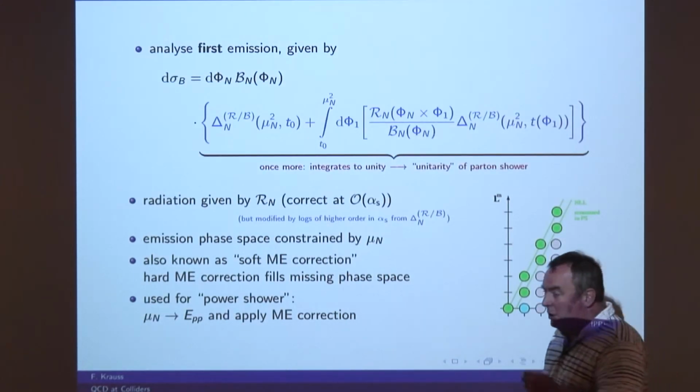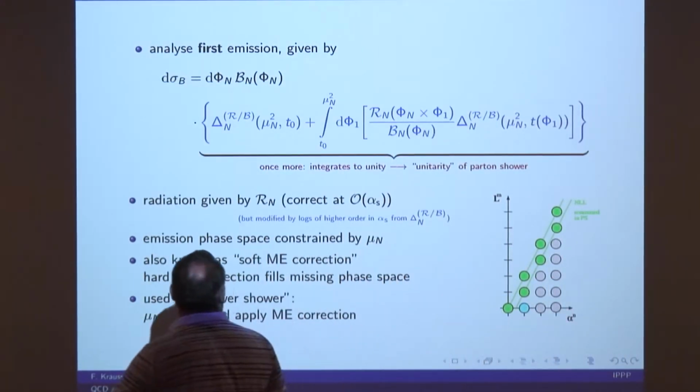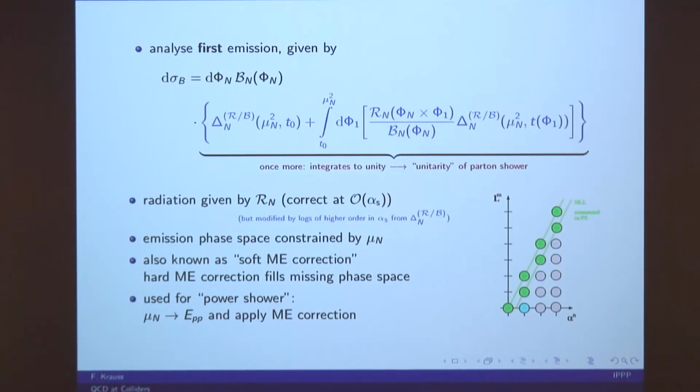Okay, so let us look at what the first emission looks like. I kind of push you now into a place where I'm perfectly happy if you interrupt me at any time and say, wait a second, we didn't get it, because I try to formalize in a way that is maybe tough.